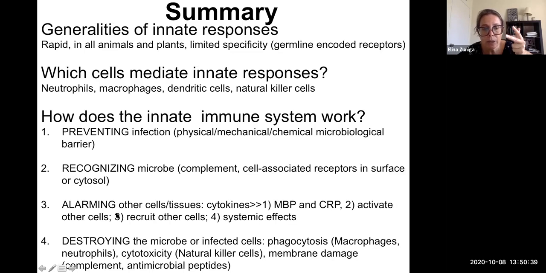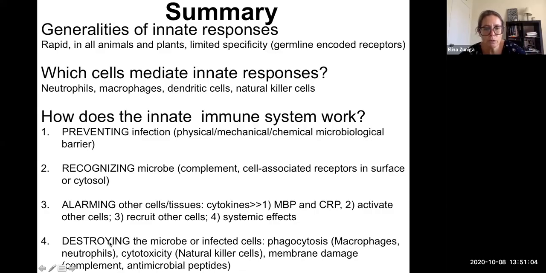Number 3, the cytokines may recruit other cells, and we talk how cytokines form a gradient to recruit cells to the site of inflammation, like neutrophils, for example, that are in the blood can be recruited. Number 4, the cytokines might have systemic effects that may include, for example, the induction of fever.